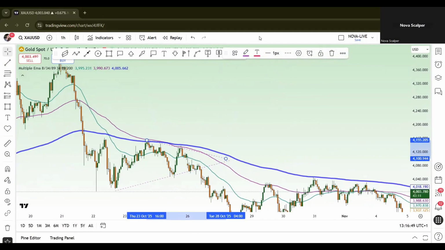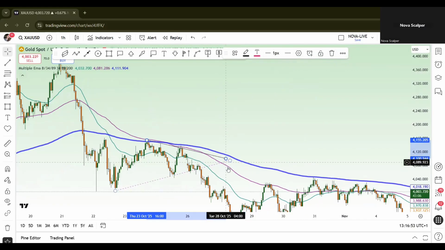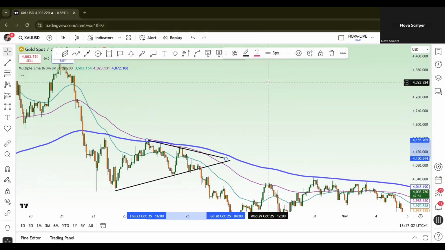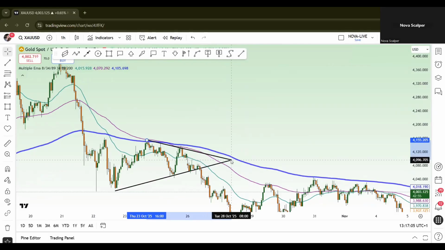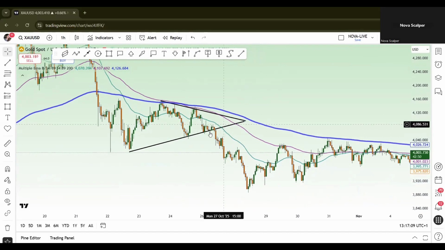And here, let me change the color and the line to help you see it more clearly. So this is the triangle pattern on the chart.